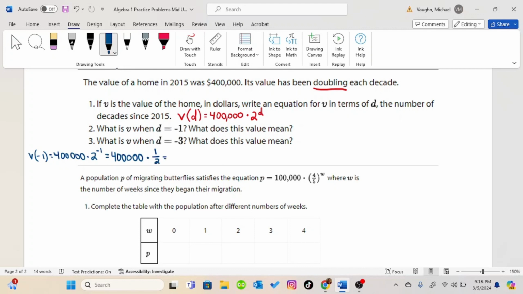And 400,000 times 1/2 is 200,000. So v of -1 equals 200,000, and this value means the value was $200,000 one decade before 2015.